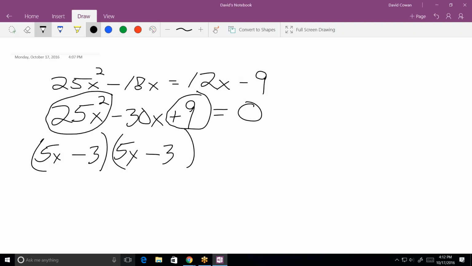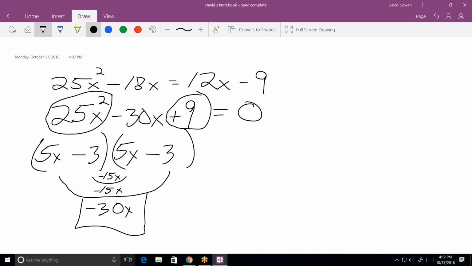The only term I really need to check is this middle term, which is produced from the O and the I of FOIL, the inside and the outside. Multiply the insides together, multiply the outsides together, add them together, and see if that's the middle term you're looking at. And that's the only check I need to do.